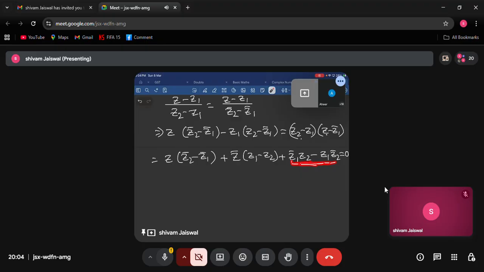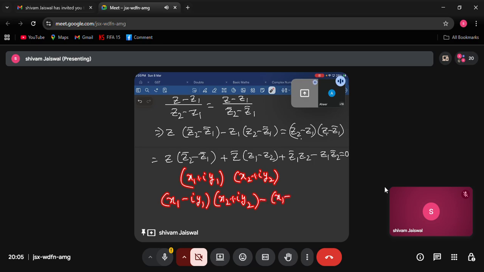Let us call z1 as x1 plus iota y1 and z2 as x2 plus iota y2. Okay. So z1 bar will be equal to x1 minus iota y1 and z2 will be x2 plus iota y2, minus (x1 plus iota y1) into (x2 minus iota y2).